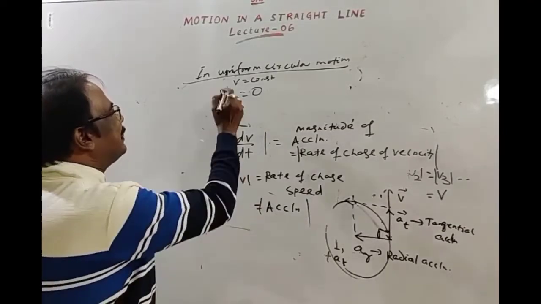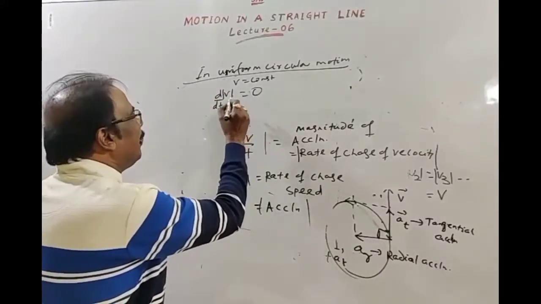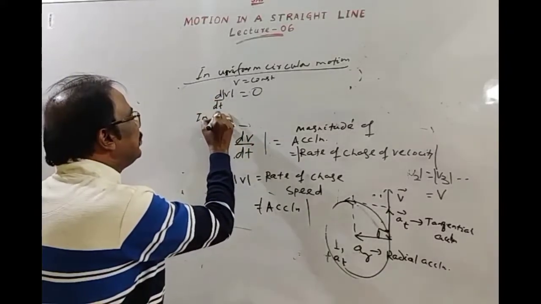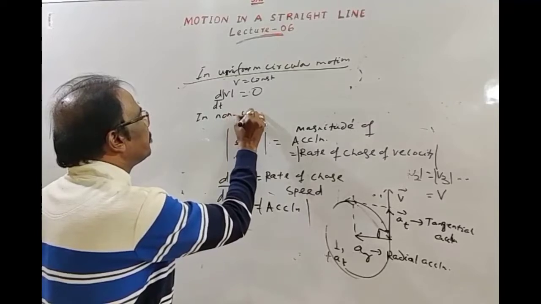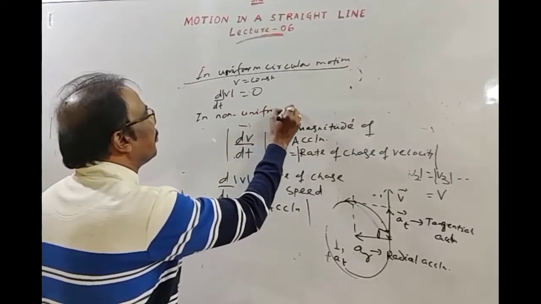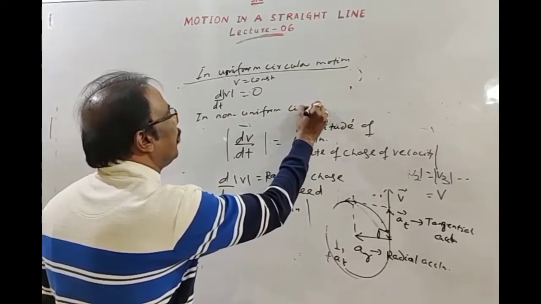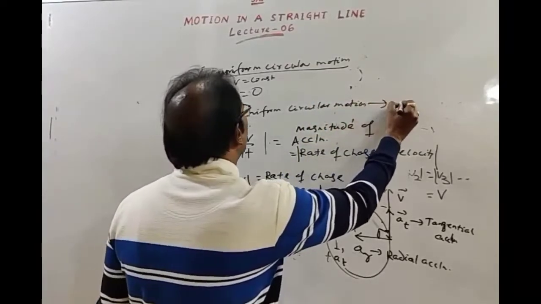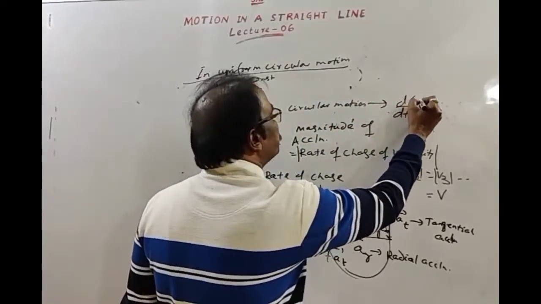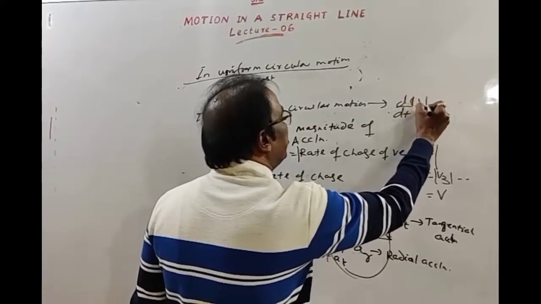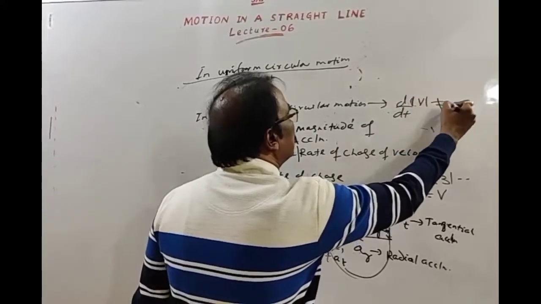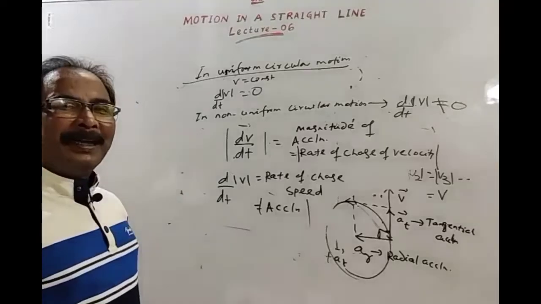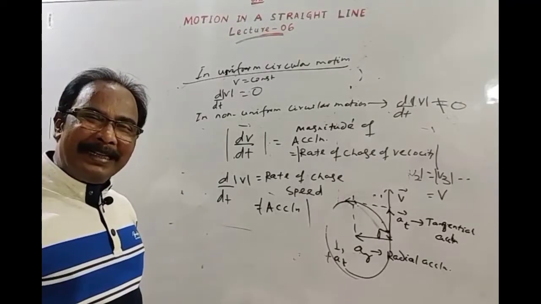But if we consider non-uniform circular motion, d by dt, means rate of change of speed, is not 0, because in non-uniform circular motion speed changes.